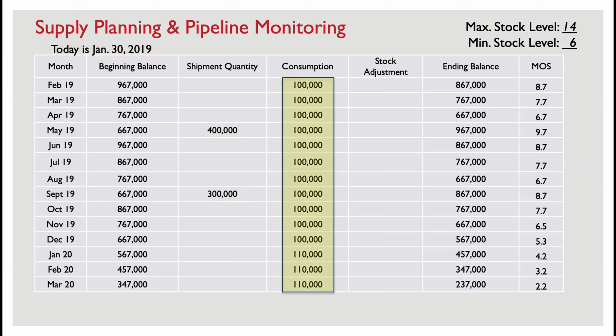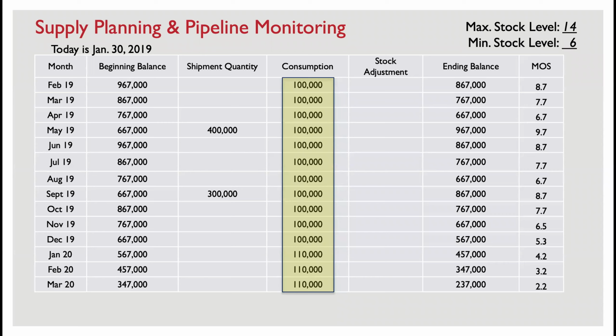Notice that the data in the consumption column is our forecasted annual consumption divided by 12. In reality, of course, consumption will go up and down throughout the year, but at least this number gives us a picture of what average consumption would look like and helps us to plan shipments to maintain stock levels between the maximum and minimum levels.